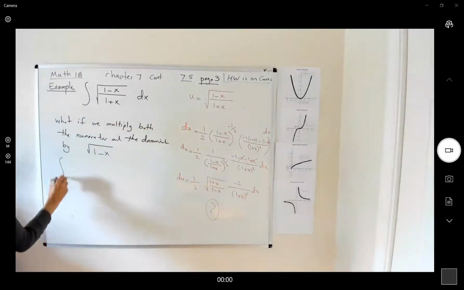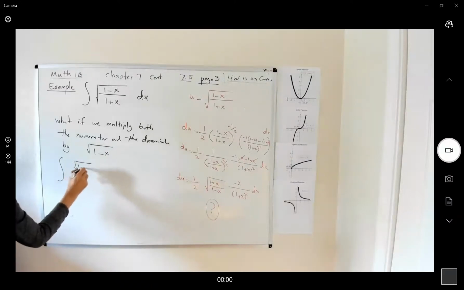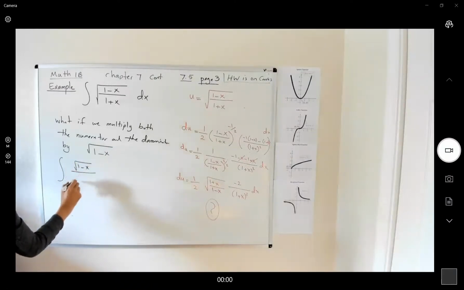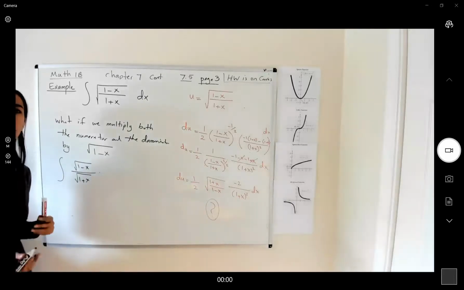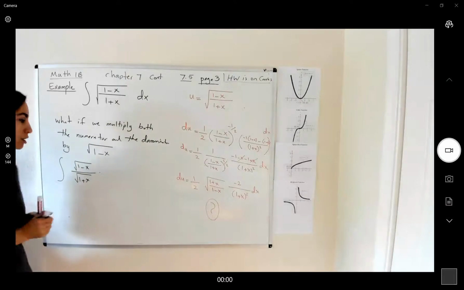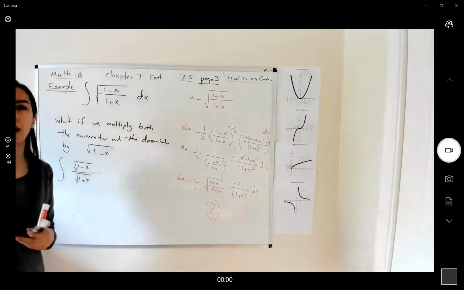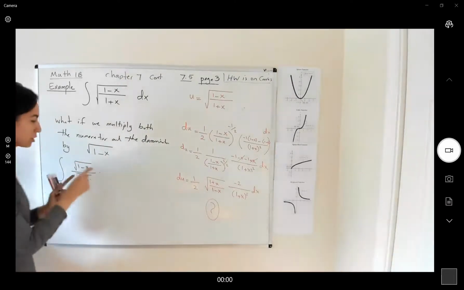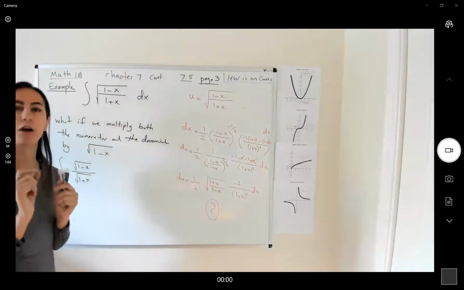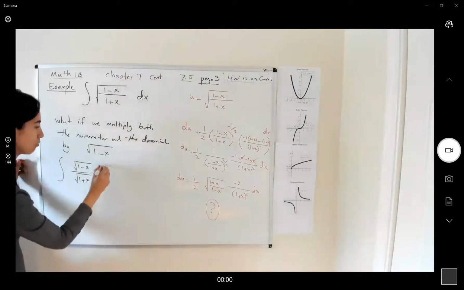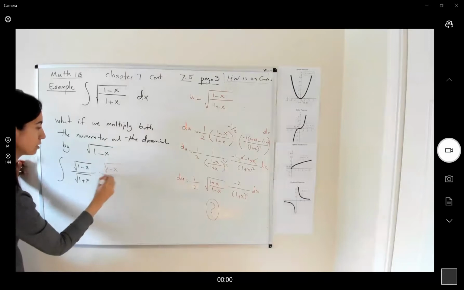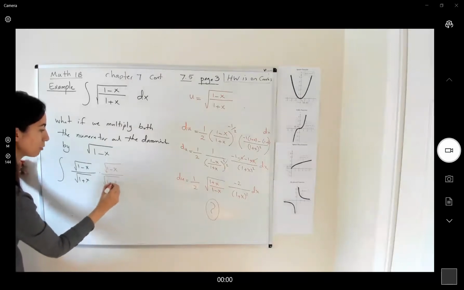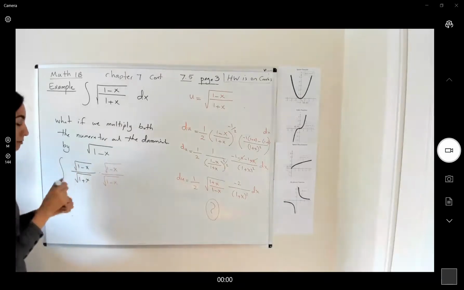So here you have the integral of the square root of (1 minus x) divided by the square root of (1 plus x). I'm going to multiply both my numerator and my denominator by the square root of (1 minus x). Why is that? Because I want to get rid of this radical on my numerator.